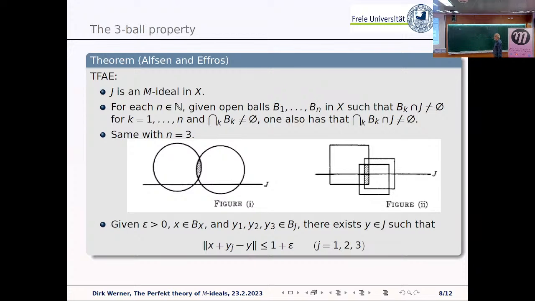Because if you average them, each of them only has one block where there's a problem in the estimate, and in this block, the norm will be epsilon. So if this is 2, and you do it 10 times, then the average will have norm 0.2. So this is basically the construction one can do at this point to show that the c0 sequences are an M-ideal given this method.